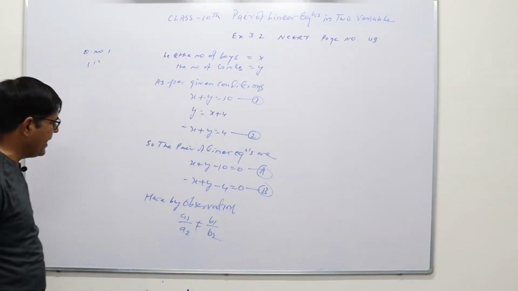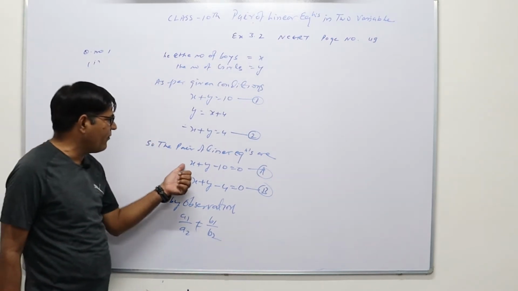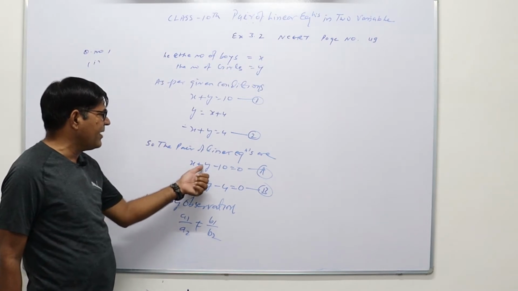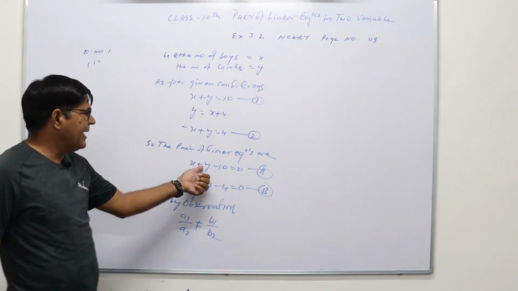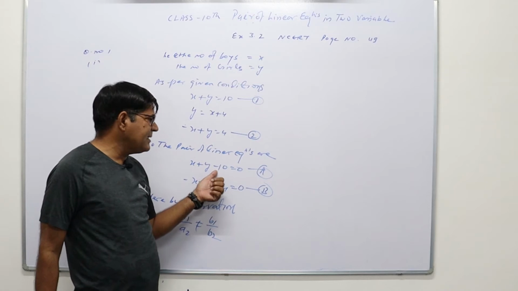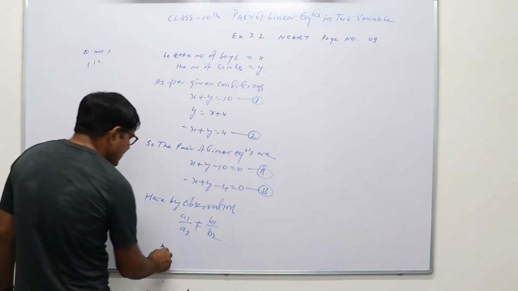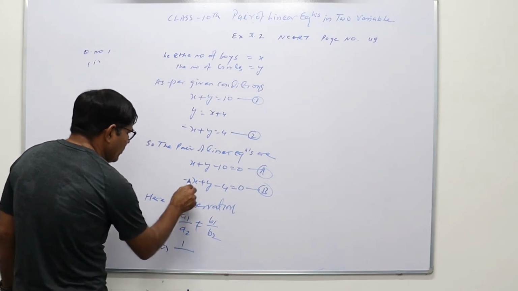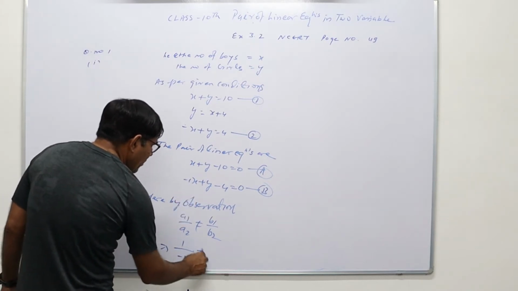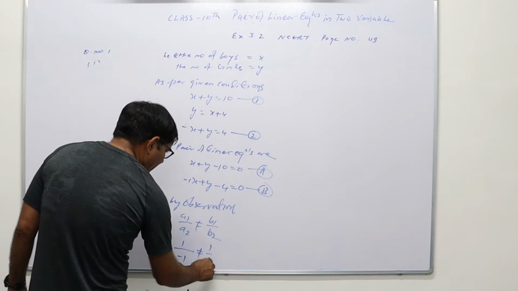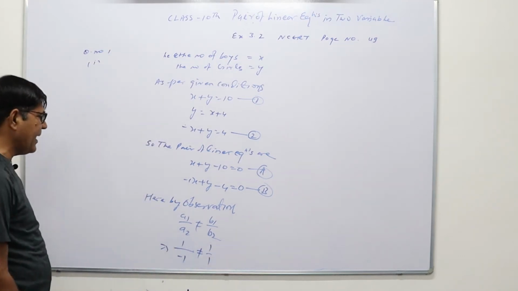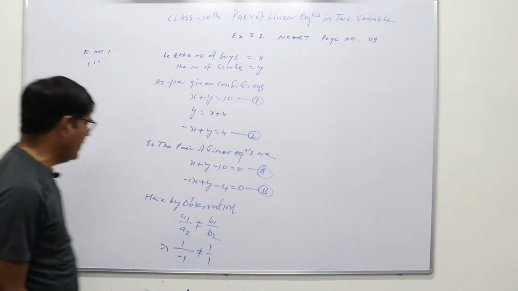What is A1? A1 is the coefficient of x in the first equation, B1 is the coefficient of y in the first equation, and C1 is the constant in the first equation. So here A1 is equal to 1 and A2 is minus 1. So 1 upon minus 1 is not equal to 1 upon 1.